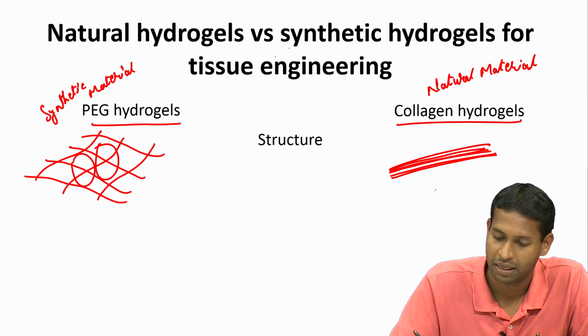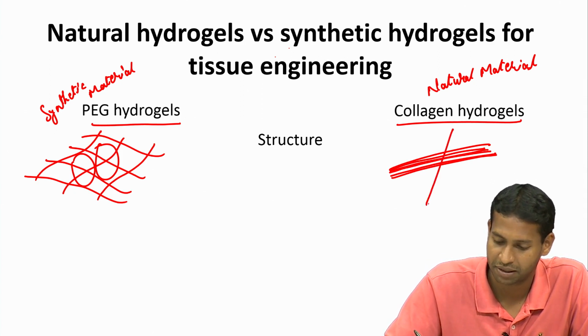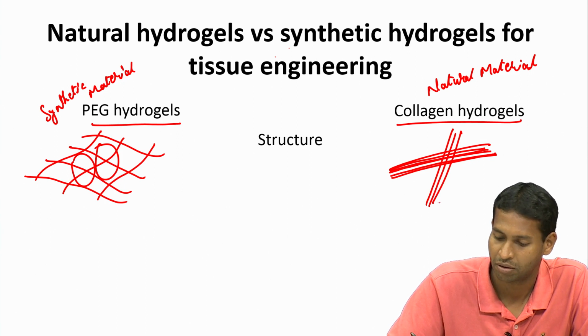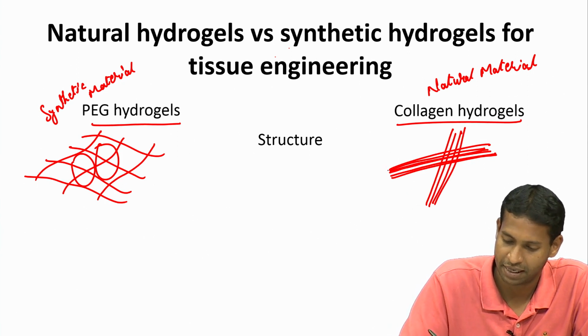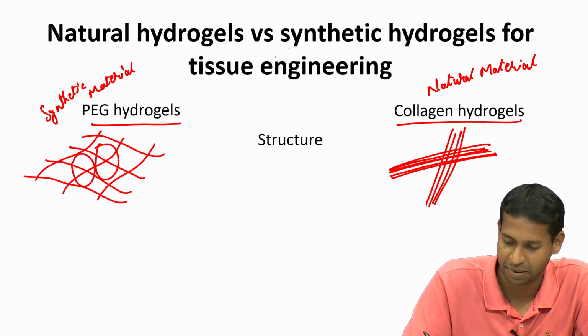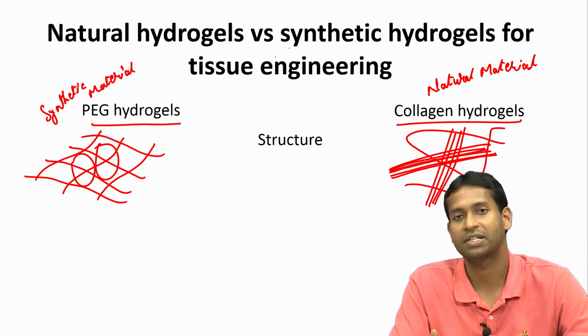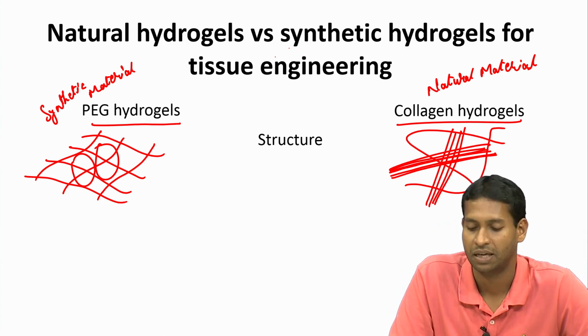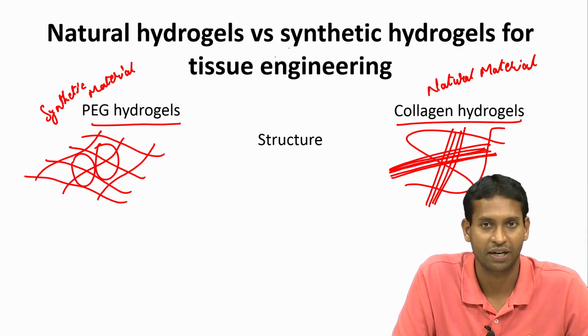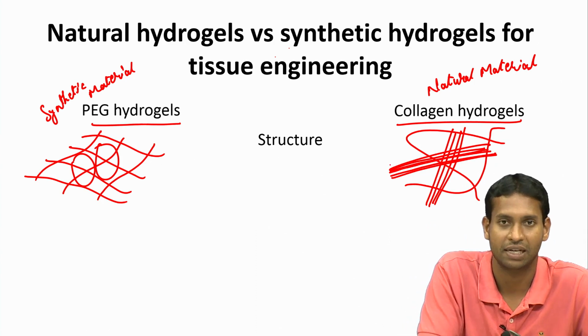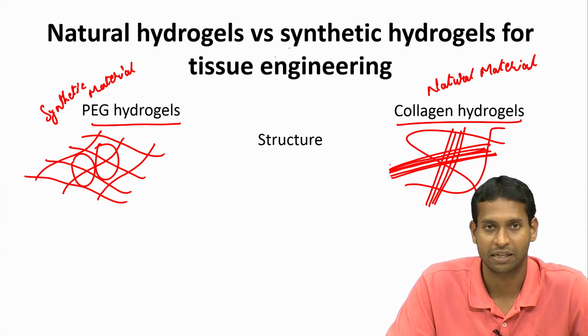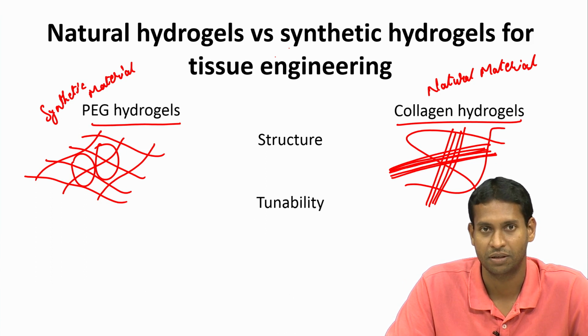Then you can have another thick fiber going through that, and similarly a few thinner fibers crisscrossing all of this, and this is the type of hydrogel you get with collagen. As you can see, it is a very different system between this hydrogel and this hydrogel. So that's in terms of the structure.